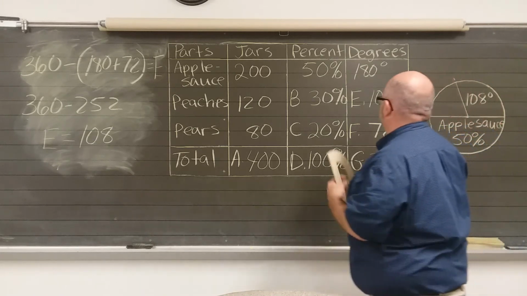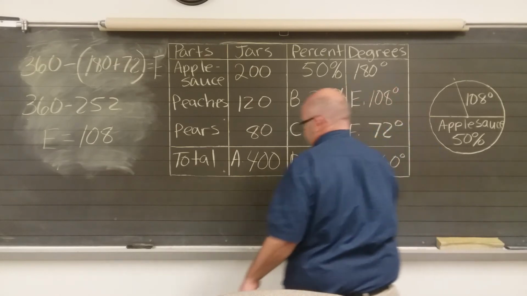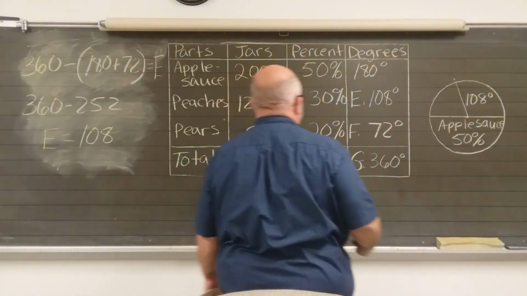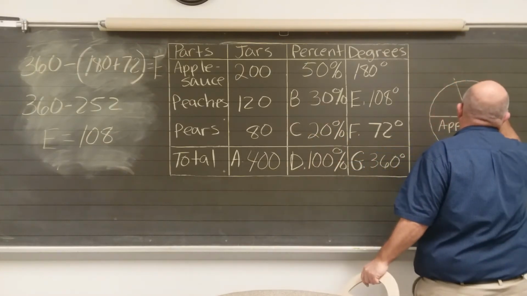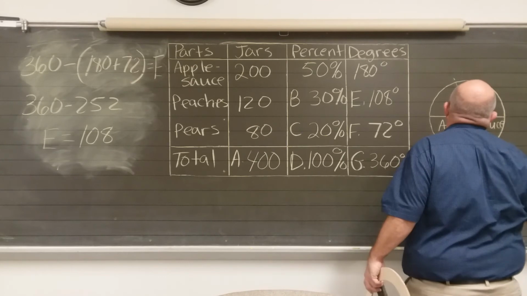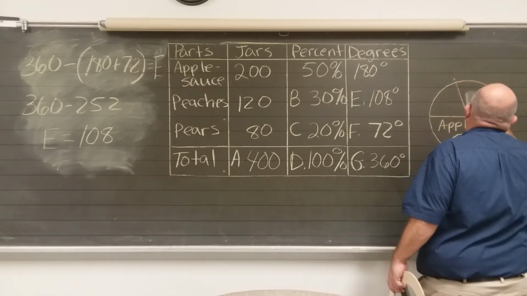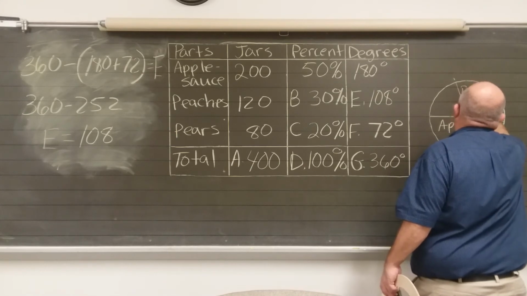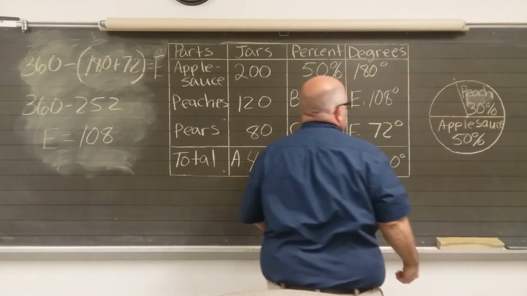And that is what? That is peaches. Sorry, I'm not supposed to write 108 in there. You're supposed to write 30%. You're supposed to write percent in here. So this is your 30%. And your peaches. Just going to write peach. Okay?